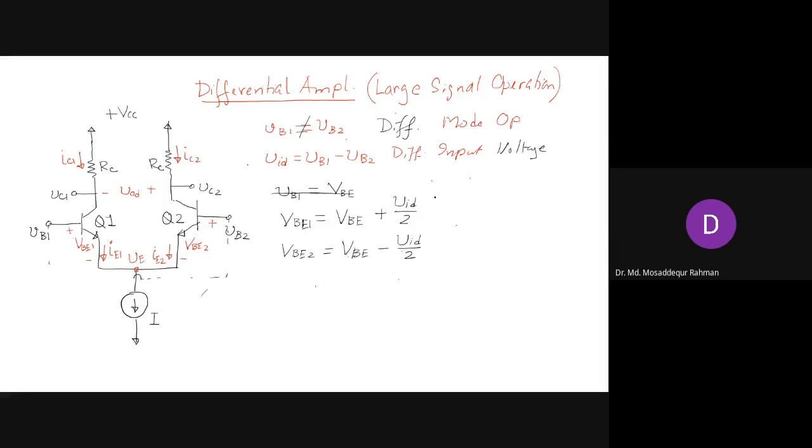If you take the difference between the two voltages, it will be VID, which is actually the difference between these two terminals. Right? So the difference remains the same, half of VID here and the other half here. So the total voltage difference remains the same. So this is how the voltage will be distributed.